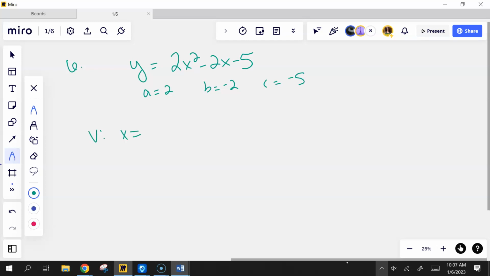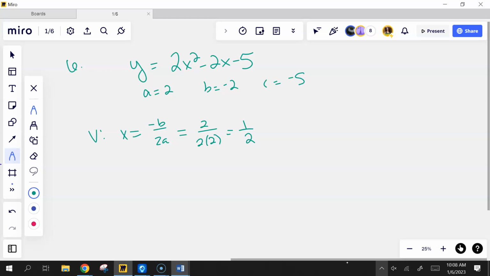X equals, which is going to give me my, what? Not just the vertex, but also the axis of symmetry. That's exactly right. Opposite B over 2A. B is already negative, so I'm going to make it positive over 2 times 2. 2 over 4 is 1/2.